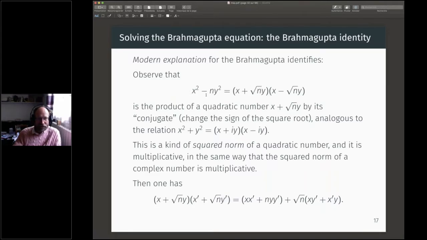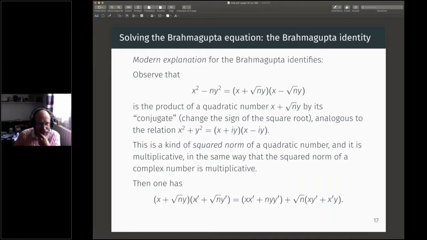And now from this formula, I recognize something as a kind of conjugate. And then I just observe that everything composes, it looks like the multiplicativity of the square norm of complex numbers. This is just about one quadratic number, x plus square root of n times y.